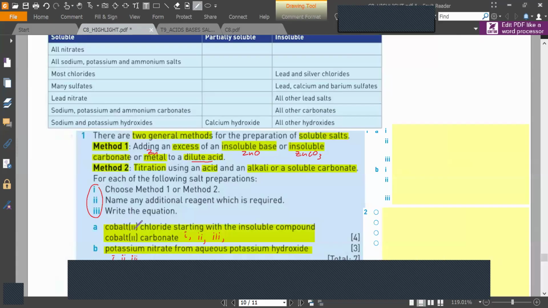For the first question, we want to produce cobalt chloride, and we are starting with cobalt carbonate.